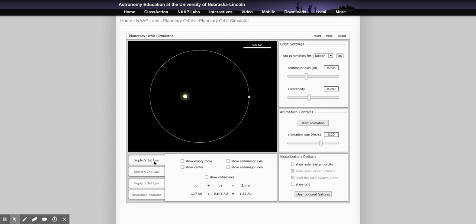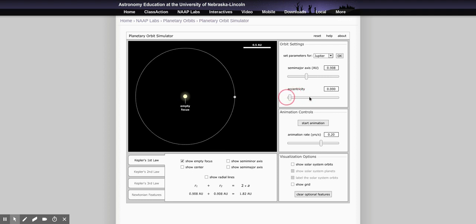What defines an ellipse as a mathematical shape is that it has what are called foci, two foci. A circle is really defined by its center point and its radius. I can show those two things like this: a circle would be a center, which is where the sun is, and a radius.